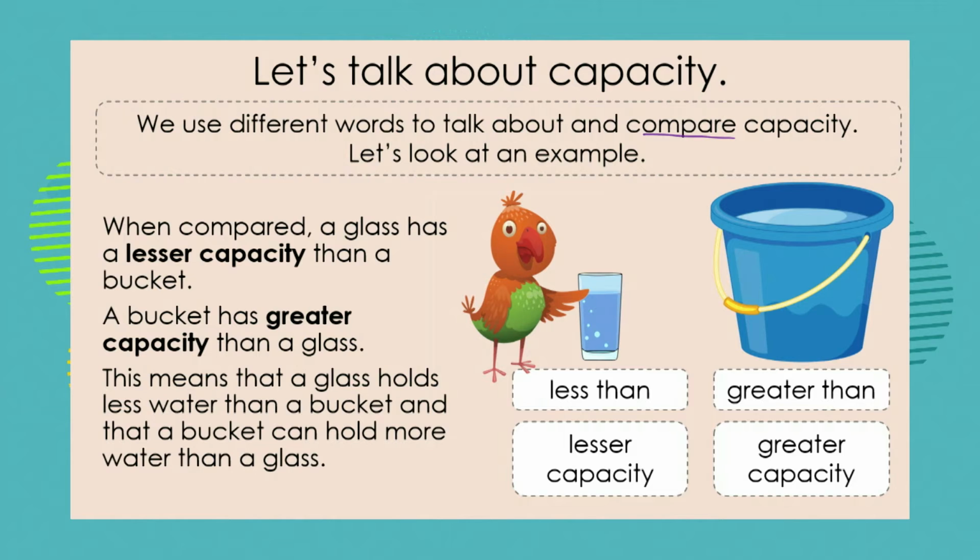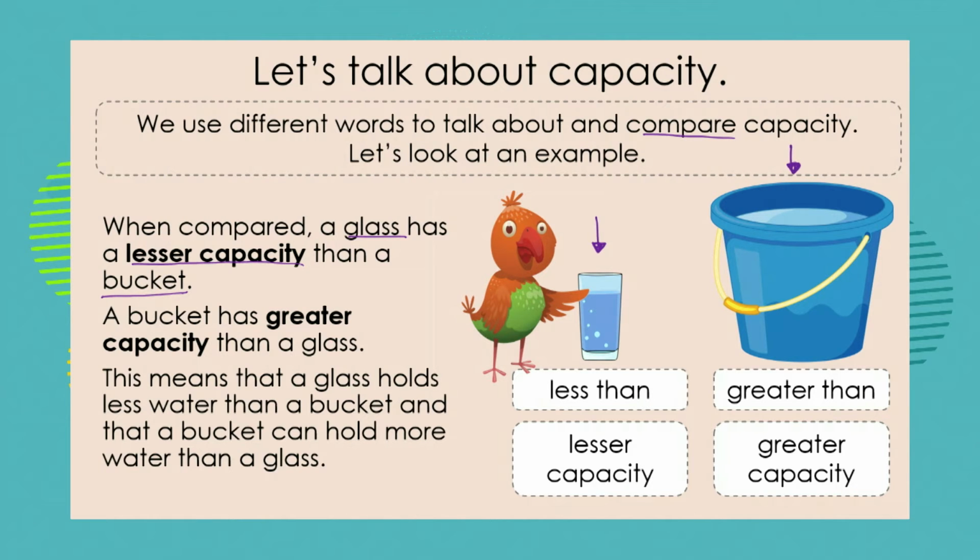So when compared, a glass has a lesser capacity than a bucket. So we can see our glass over here and our bucket over there. And we are saying that the glass has a lesser capacity than a bucket. This means that the glass can hold a less amount of liquid than the bucket.